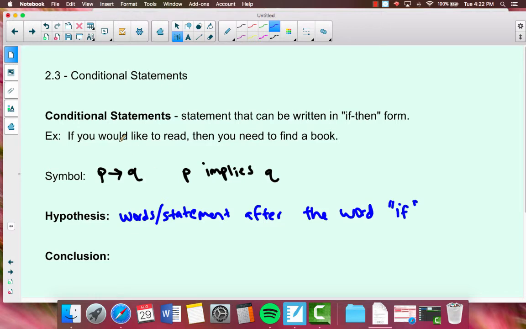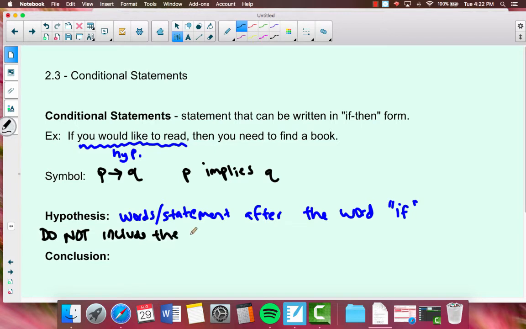In this particular example, the hypothesis would be you would like to read. I'm just going to put HYP underneath it so we know that's the hypothesis. It does not include the word if. That's really important. Do not include the word if. So it's just anything that comes right after it.